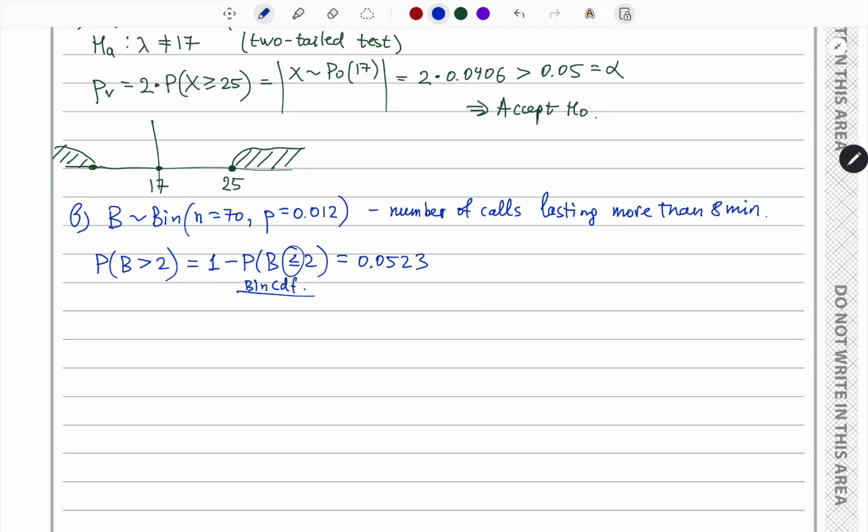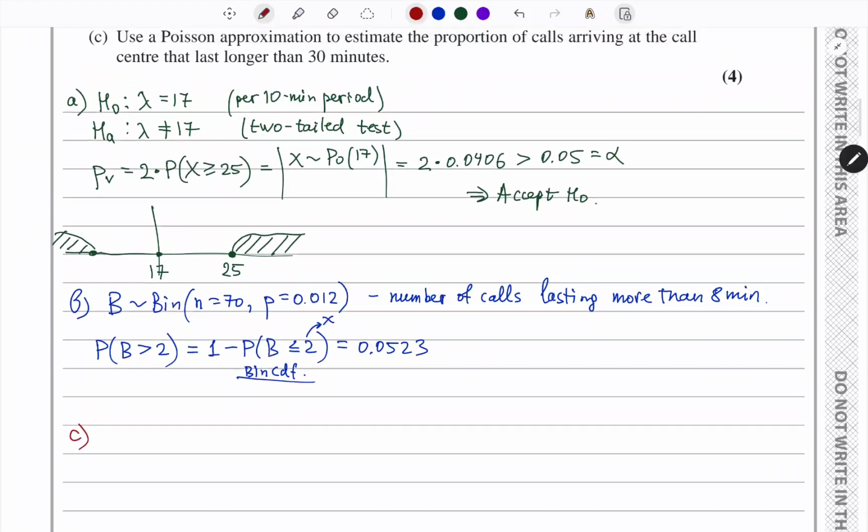By default, it gives you probabilities of the type B less than or equal to something. This is the X value you put. Of course, you have to fill in the parameters N and P. And don't forget to subtract the probability you found from 1. It's maybe a common mistake made by students.